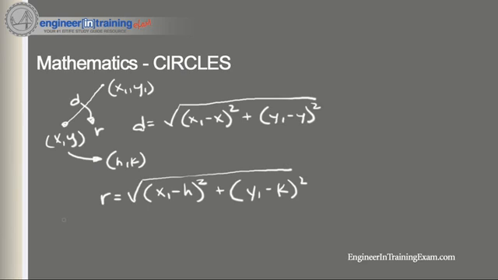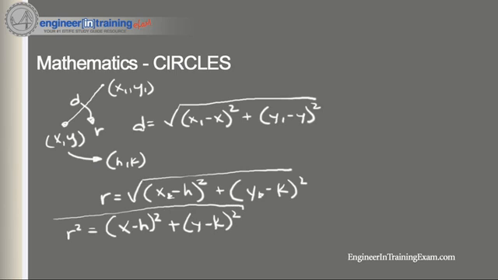To see this in the standard form, or in a form that we're more used to seeing, all we need to do is square both sides. So by doing that, we get r squared is equal to, let's get rid of the x1 and y1, let's just call them x, y, representing any point x, y on the outside of a circle. So r squared is equal to x minus h squared plus y minus k squared.